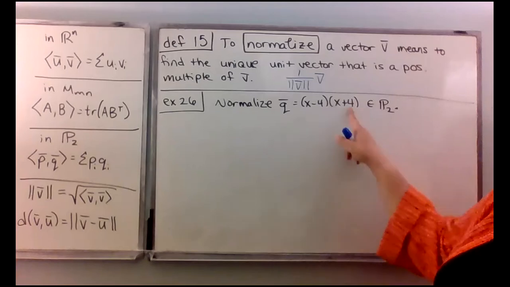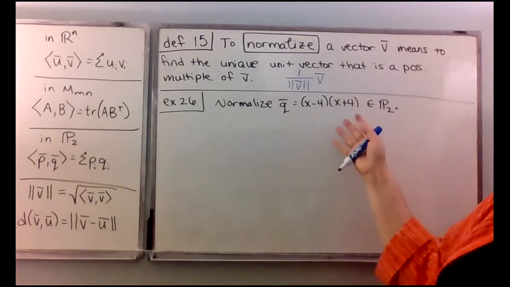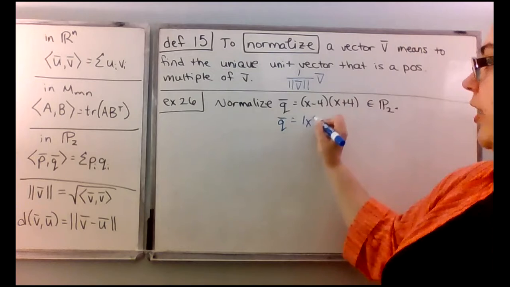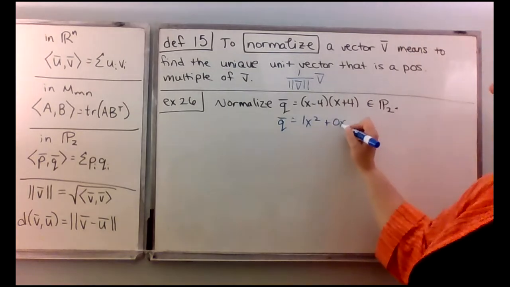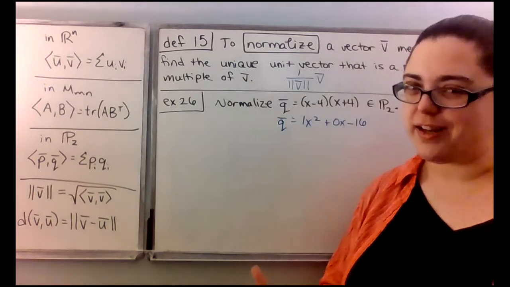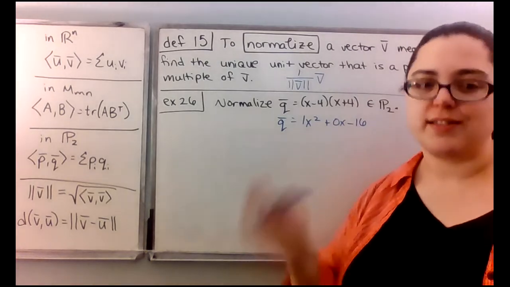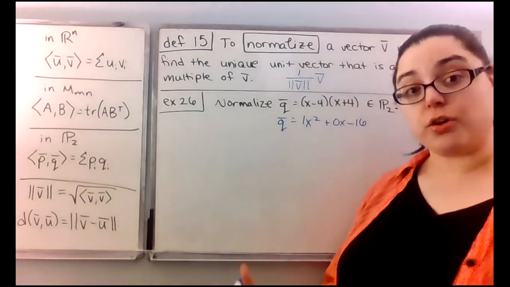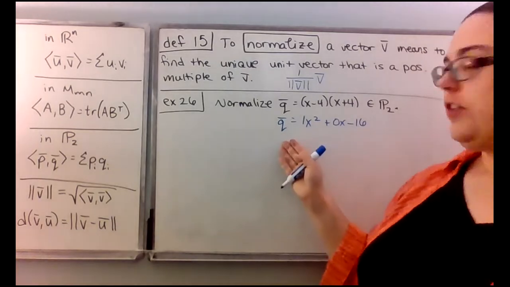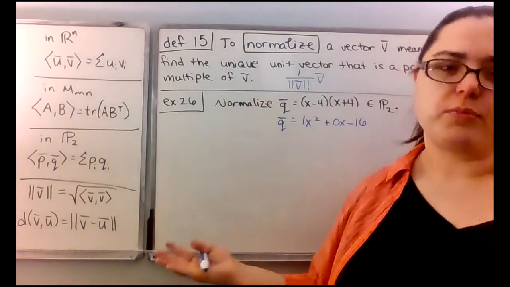This is a difference of perfect squares, the factored form. So Q is going to equal 1x squared plus 0x minus 16. You don't have to write it this way. If you just wrote x squared minus 16, that's fine. I just chose to write it in this manner so that when we go to find the norm of Q, we'll know where the numbers are coming from.